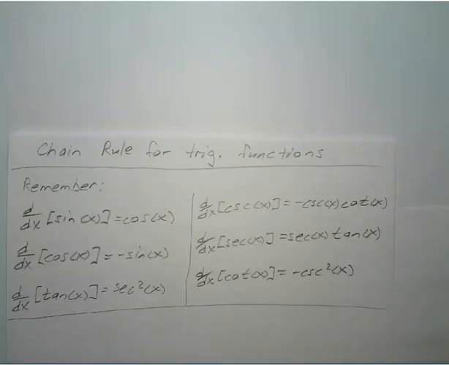Now we're going to look at what the derivative would be if that x were to be a function. So if you had sine of 3x squared plus 4x plus 7 or something like that, this is what it would look like.